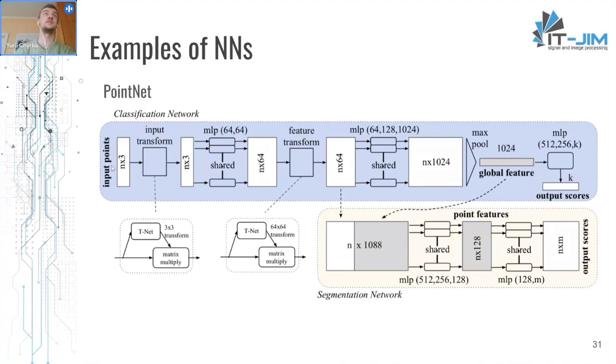As input, we have n points by 3 coordinates, x, y, z. When we have calculated some more complex features, we apply max pooling to them, extract a global feature, and finally apply one more fully connected layer over this global feature to make our final prediction. For classification, we output scores for our classes. Semantic segmentation is more complex and has an additional module, but I will not talk about that.